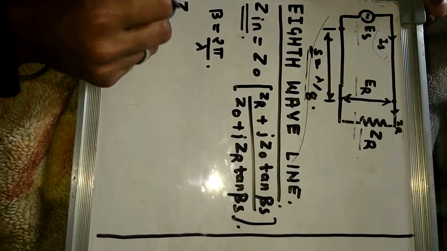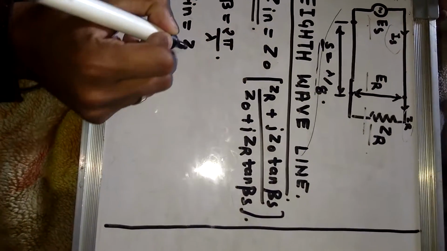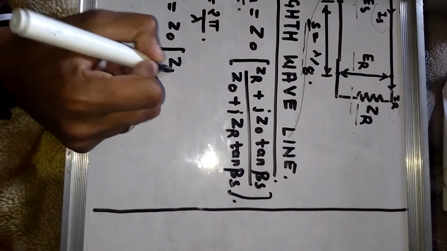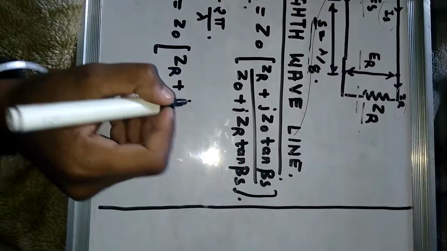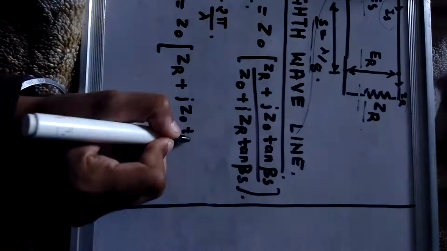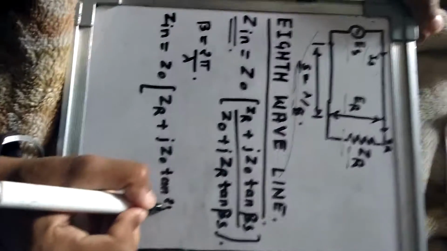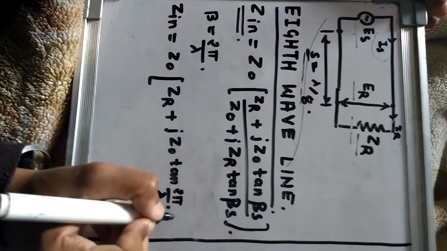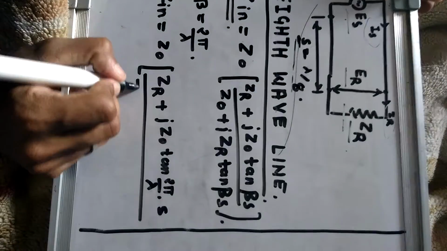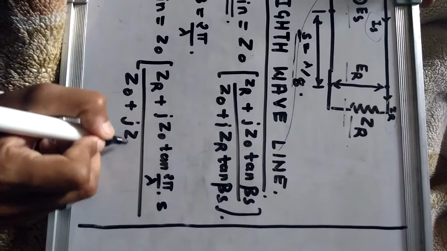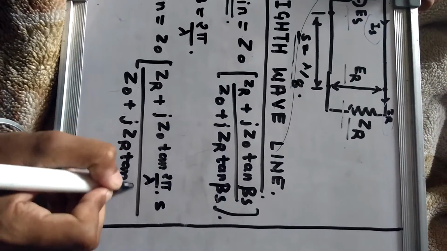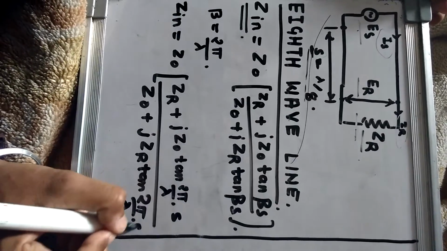So Zin equals Z0 times (ZR plus j Z0 tan (2 pi by lambda into S)) divided by (Z0 plus j ZR tan (2 pi by lambda into S)).